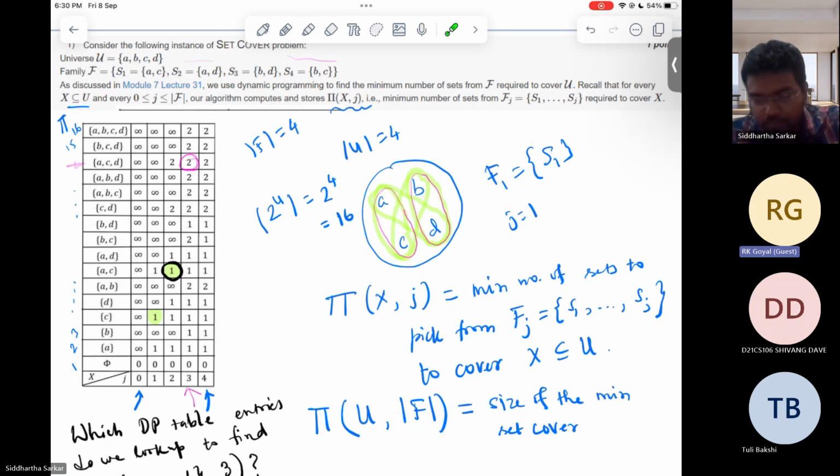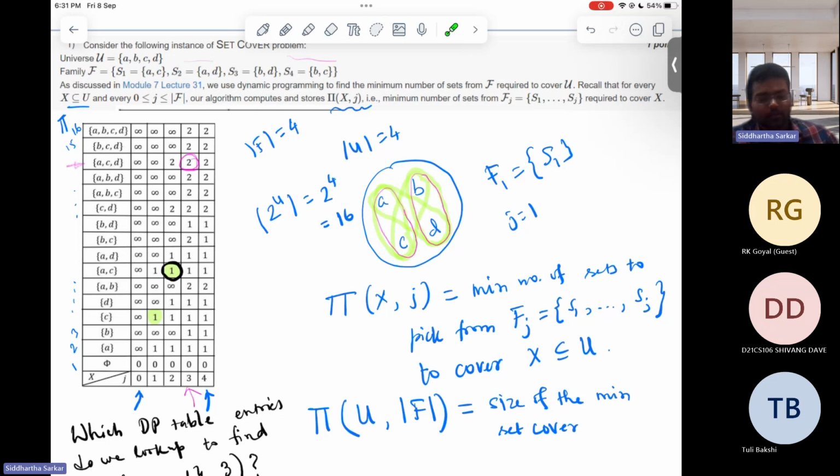So I don't think that this would be an efficient solution, even though it's true that we are using a bottom-up approach, and at any point of time, whatever we require would be available to us from the lower entries. But the table size would be huge.